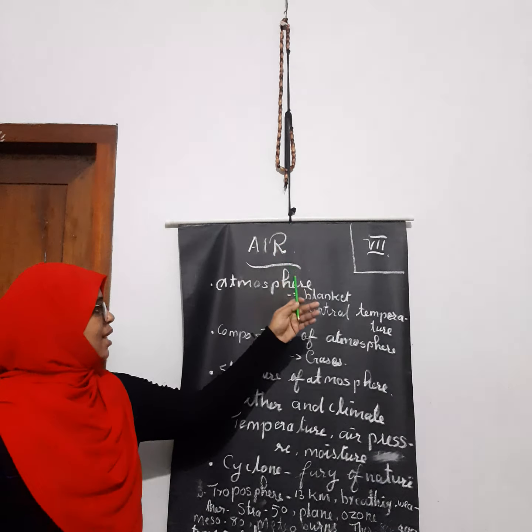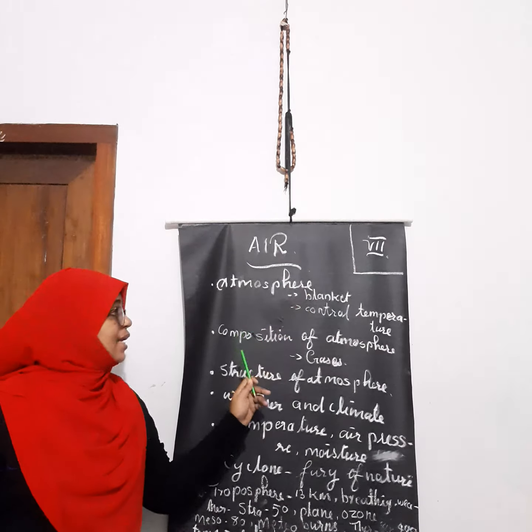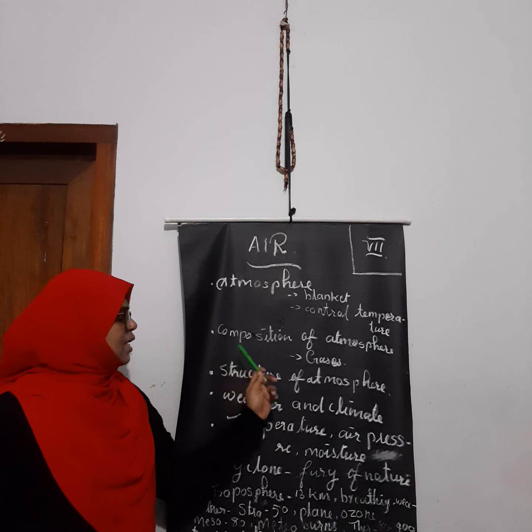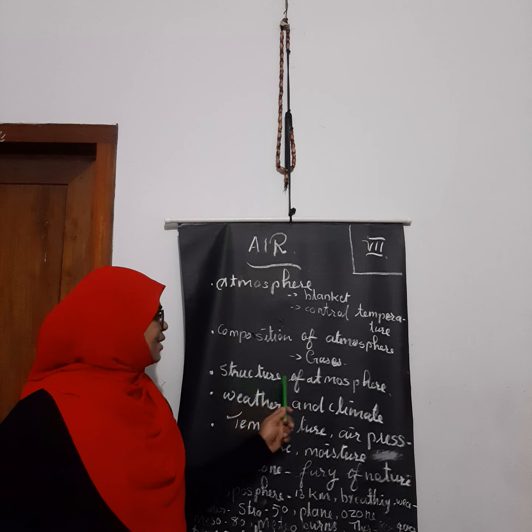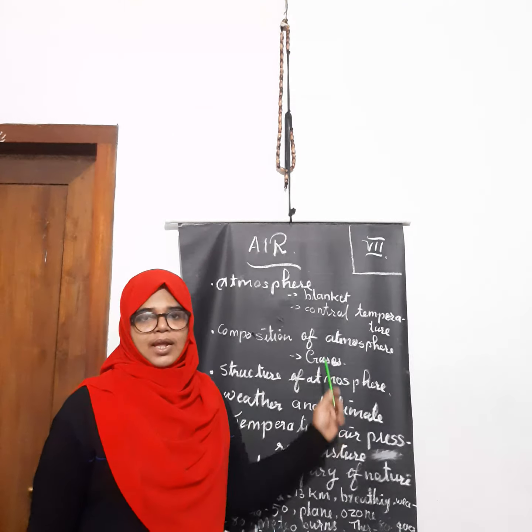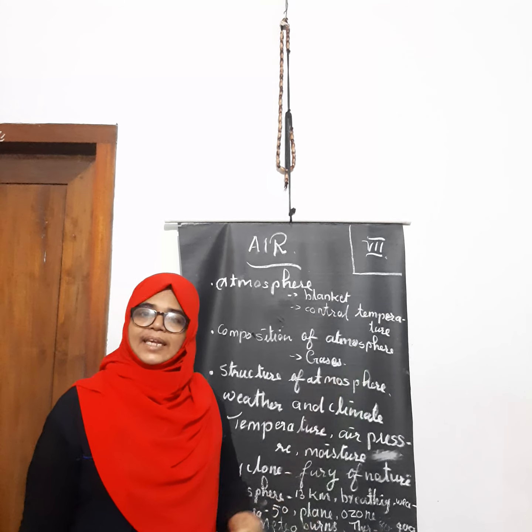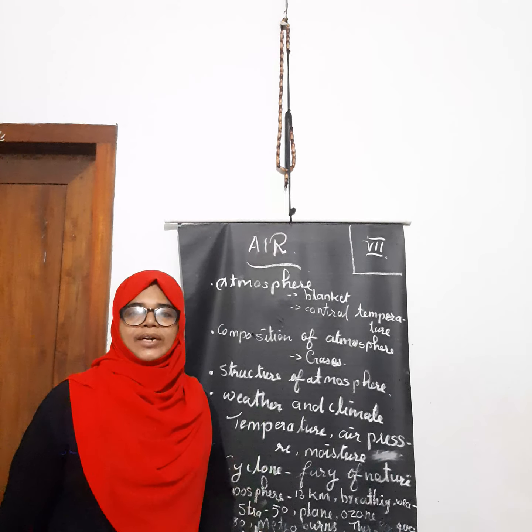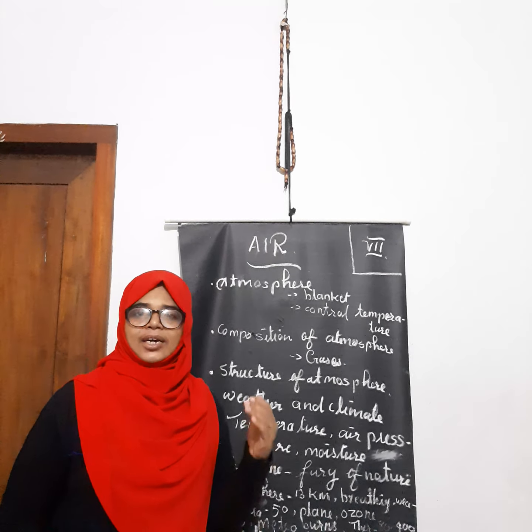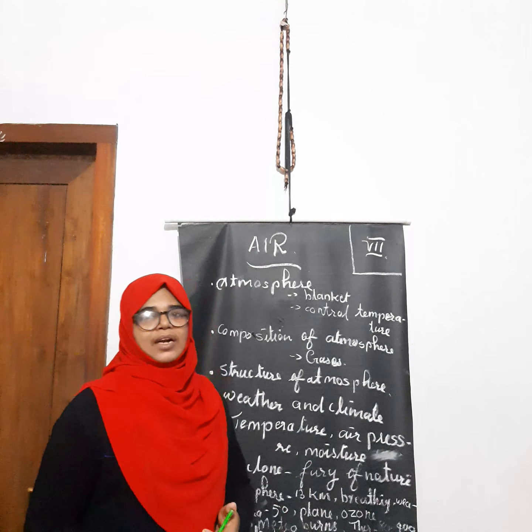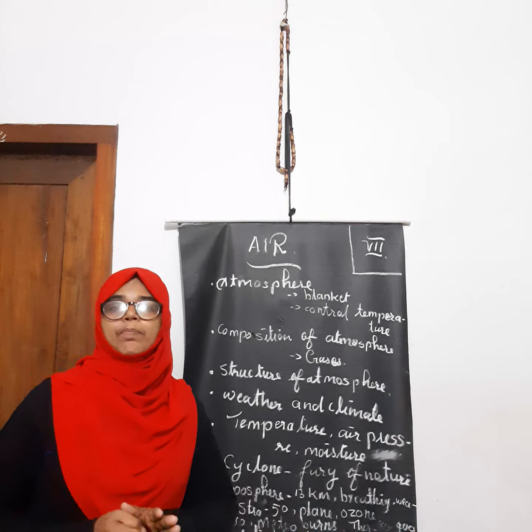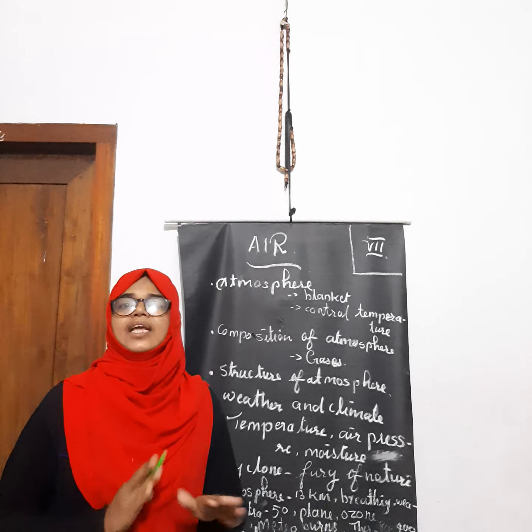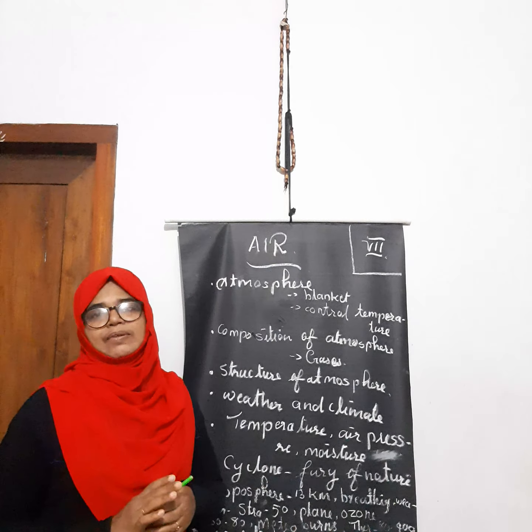Ready? Okay, in the last class we went through three areas: atmosphere, composition of the atmosphere, and structure of the atmosphere. Atmosphere: what is air, and how it protects us from the dangerous or harmful rays of the sun, how it works as a blanket that protects the surface, that you have seen.